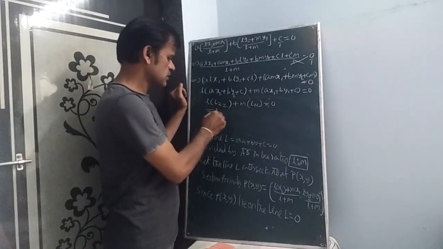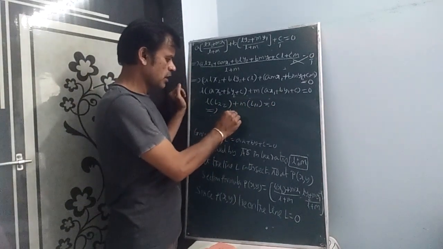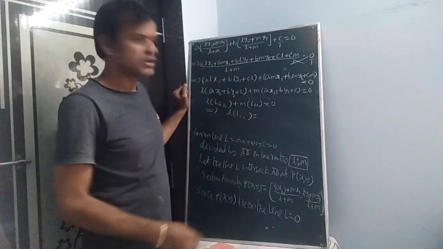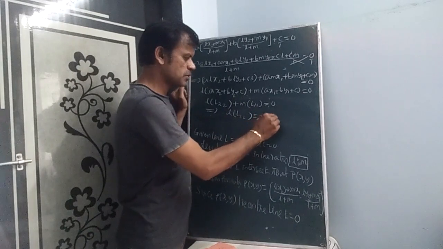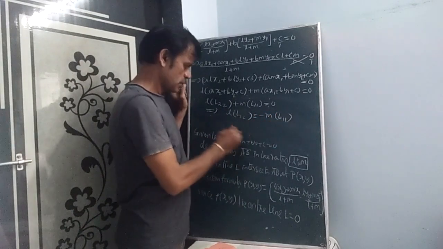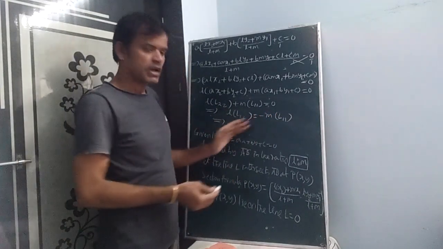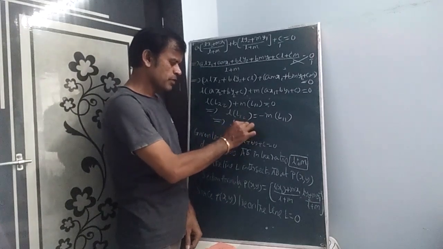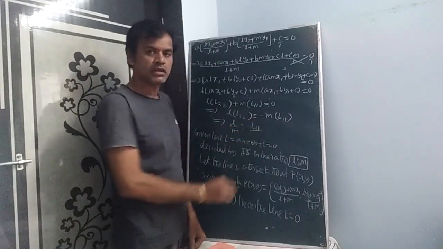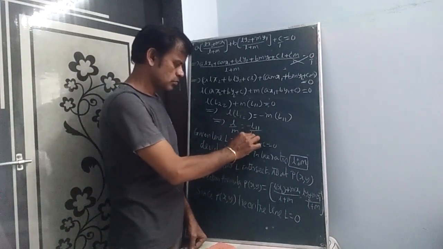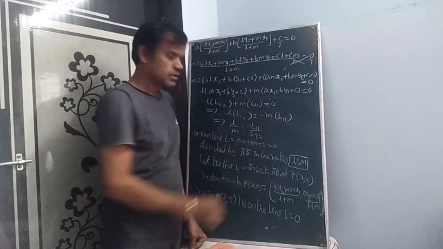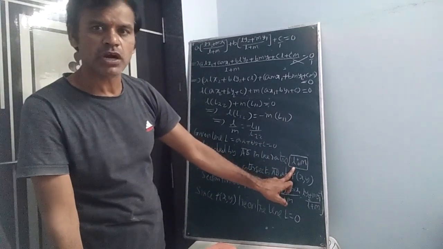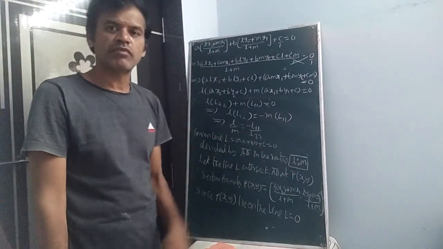That implies L into L22 is equal to minus M into L11. That implies, taking minus M to this side, L by M is equal to minus L11 by L22. L by M means whatever the ratio we thought here, L is to M. Now we got the answer as minus L11 is to L22.